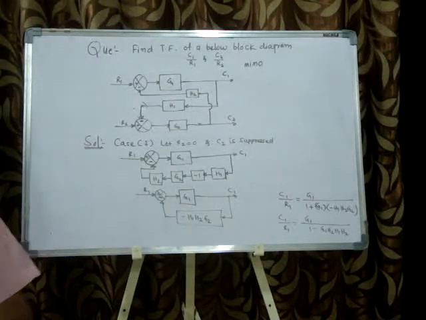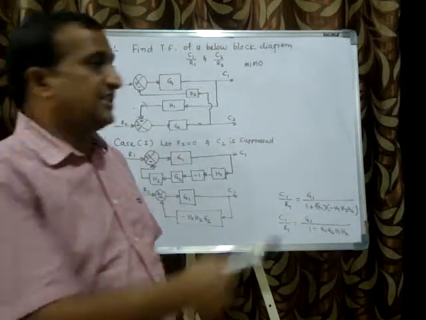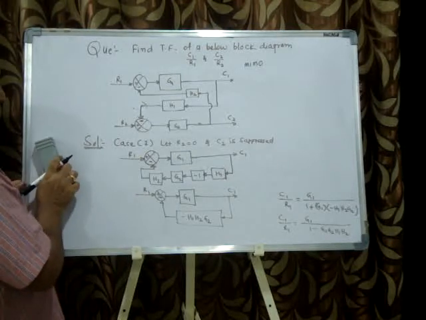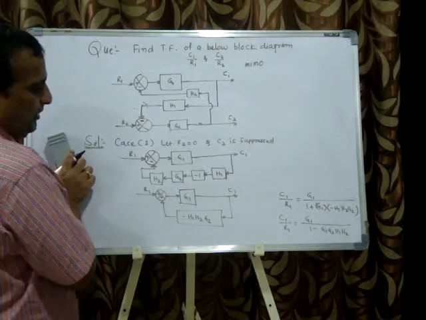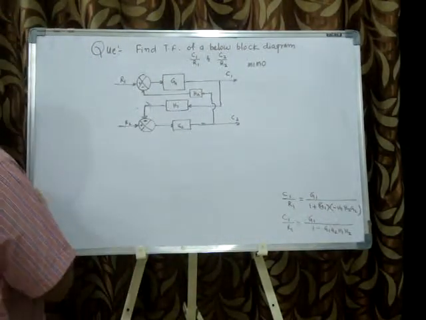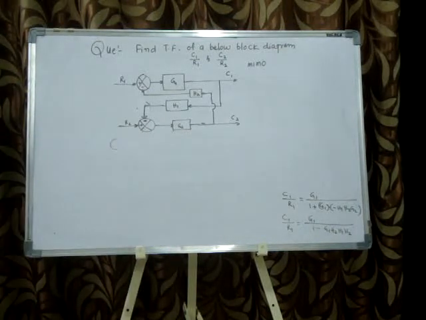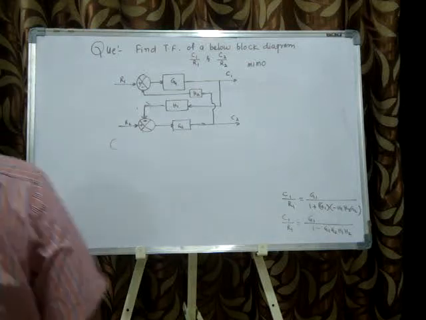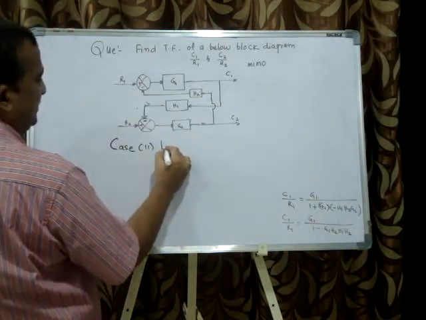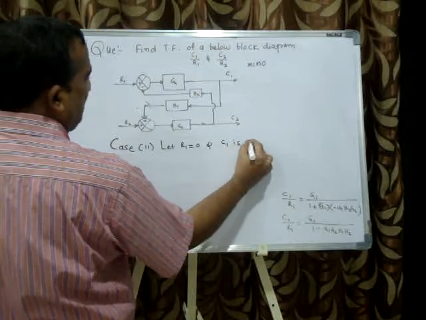Next case, what has he asked? C2 by R2. Case number 2 is C2 by R2. In case number 2, let R1 equal to 0 and C1 is suppressed.